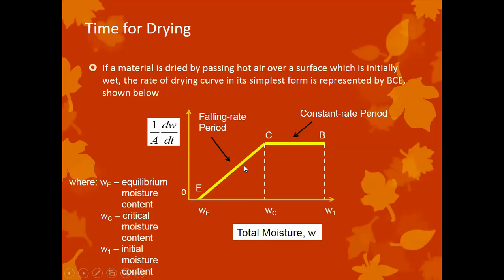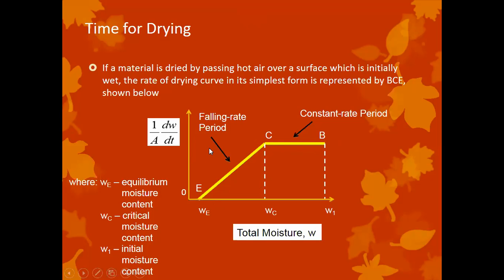If the problem is not mentioning the falling rate period, then your drying for your particular material is just continuous, represented on this graph by a horizontal line, meaning that this one is not changing.